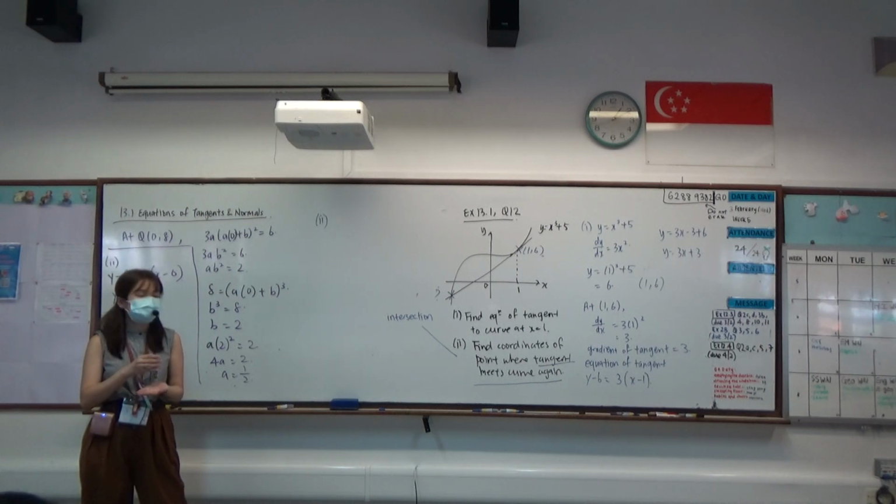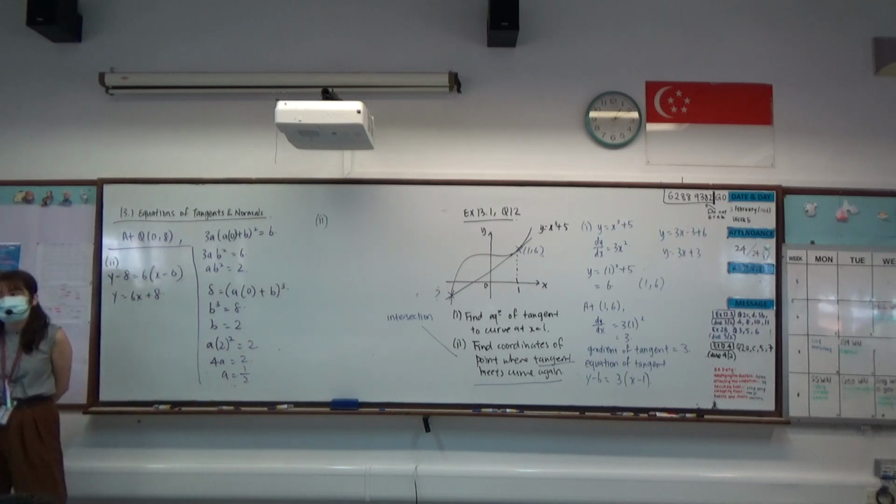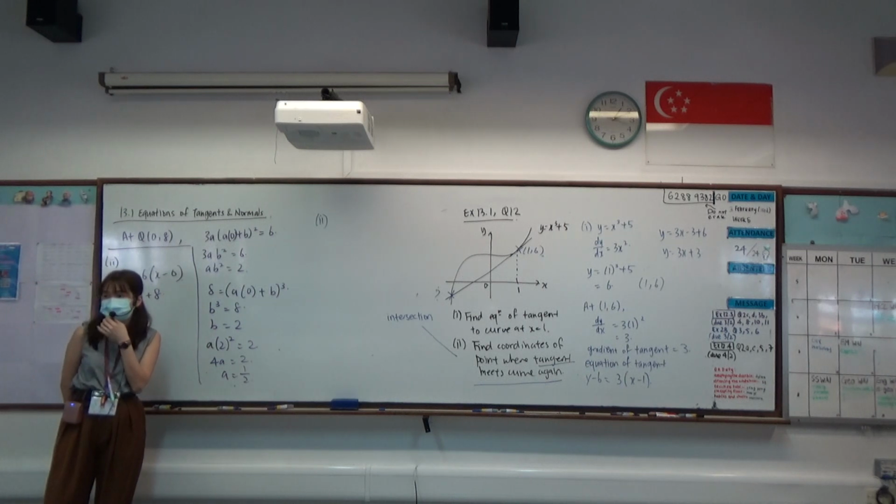Could anybody help? How to find the intersection? Joseph? Simultaneous, right?